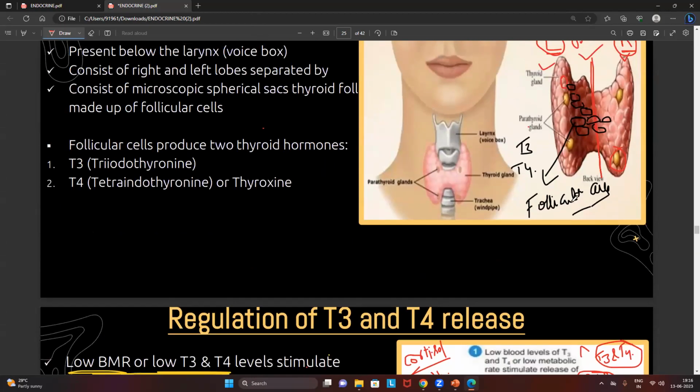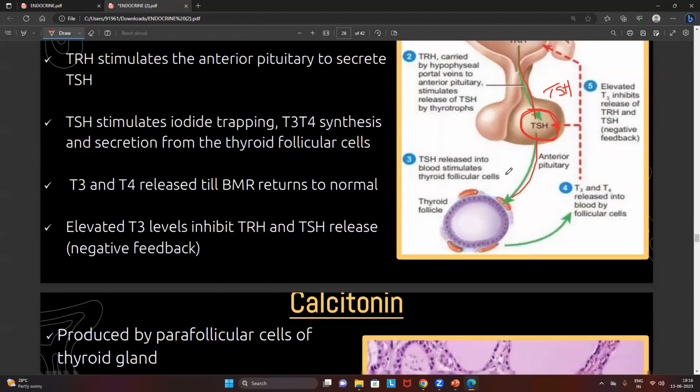In this particular picture, I told you, friends, that T3 and T4 are released from the follicular cells. So what I'm trying to explain is that the follicular cell will be stimulated by TSH. How? Suppose this is a thyroid follicle cell. The thyroid follicle cell has a receptor.